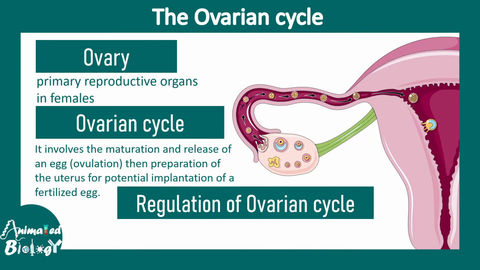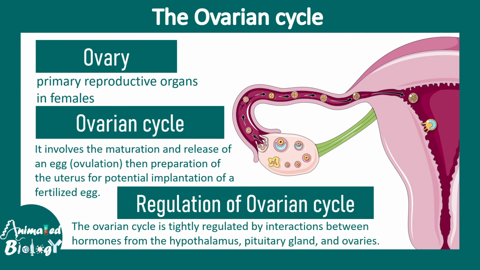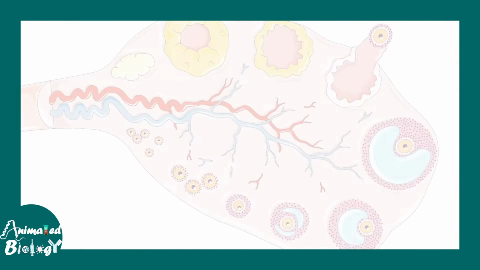The ovarian cycle is regulated by specific hormones secreted by the hypothalamus, pituitary and gonads. The hypothalamus-pituitary-gonadal axis controls ovulation and follicle maturation, which we will learn about.